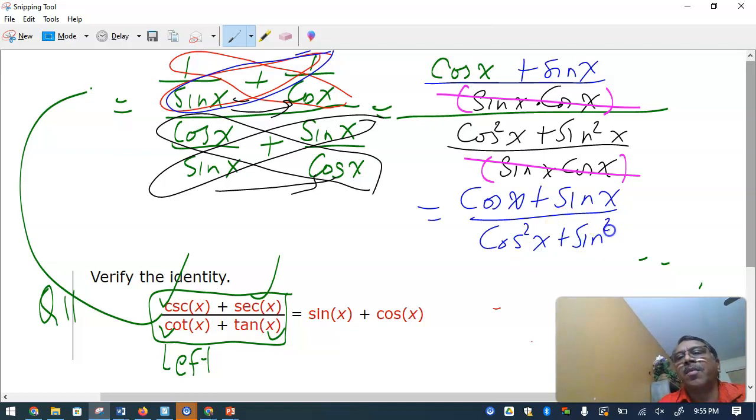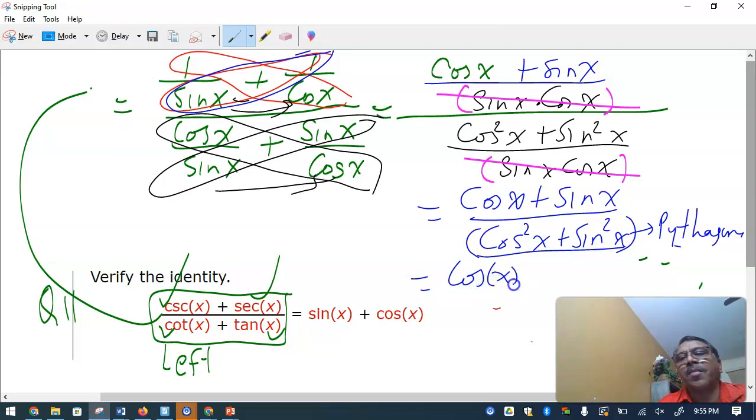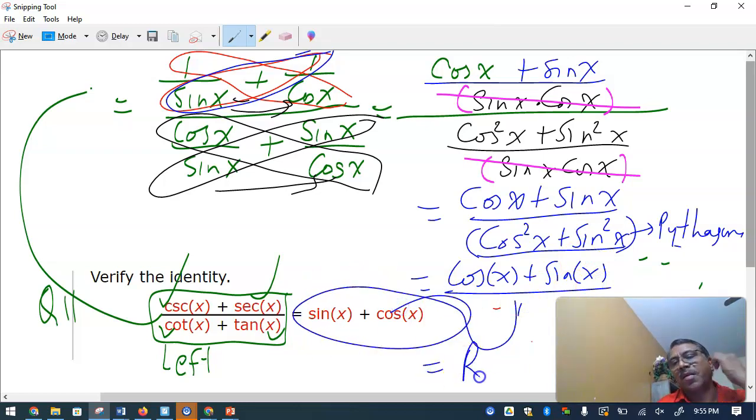But then you see the denominator is a Pythagorean identity where the answer is always 1, so the denominator reduces to 1, and that's all it is right here, which is the right hand side, and we are done.